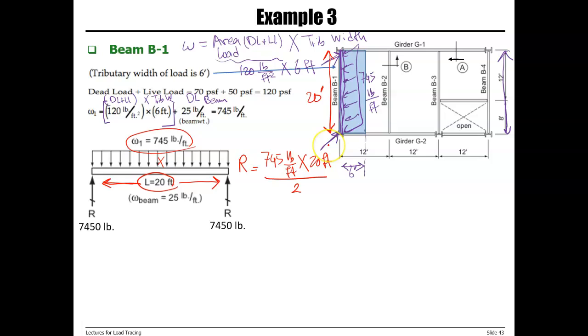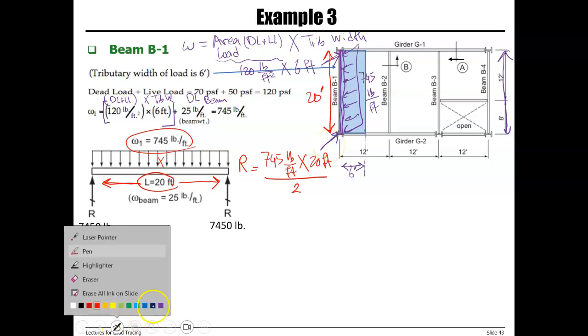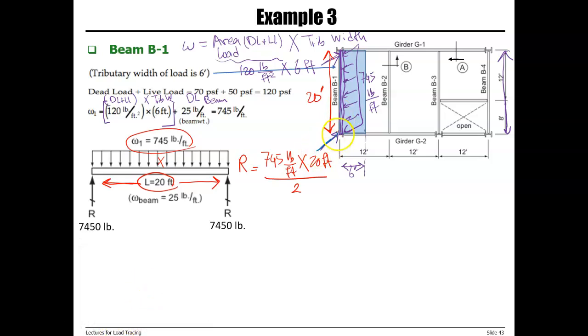So these are the reactions that we just calculated. These two end reactions of beam B1, each one 7,450 pounds. Same thing here. And these two loads are transferred to the column.